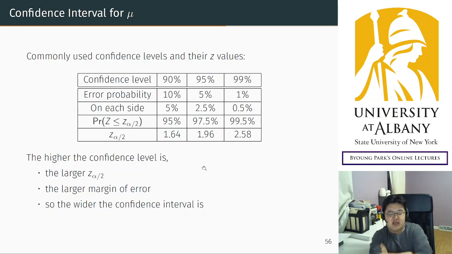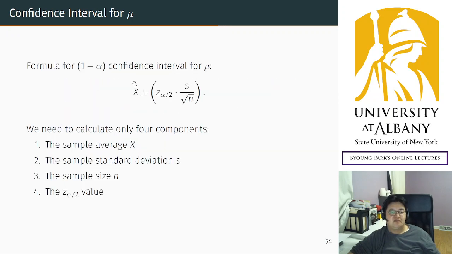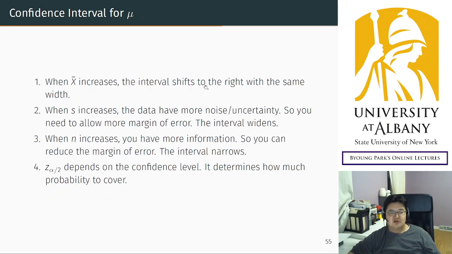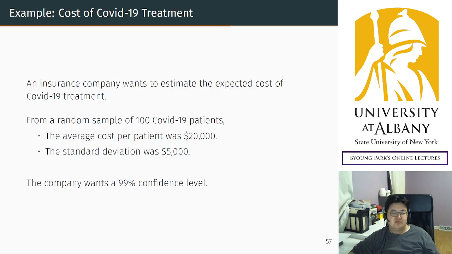So in the end, you have to understand the trade-off between confidence level and margin of error. This result is so useful that it's worth memorizing, or you don't need to, but many people memorize it because it's so commonly used.